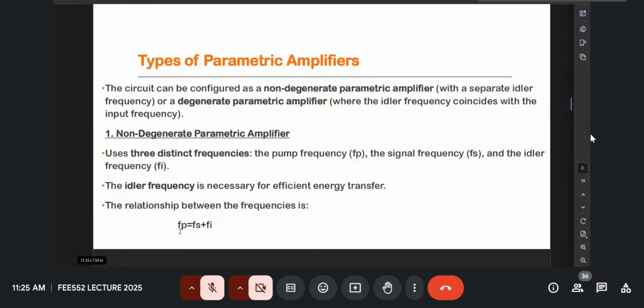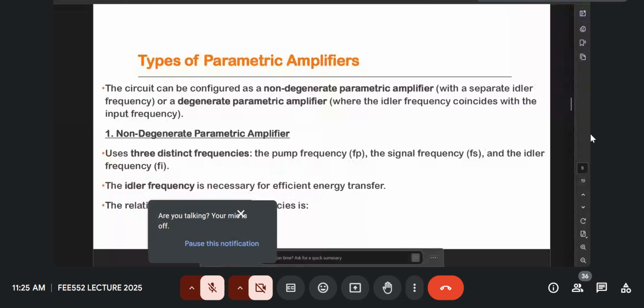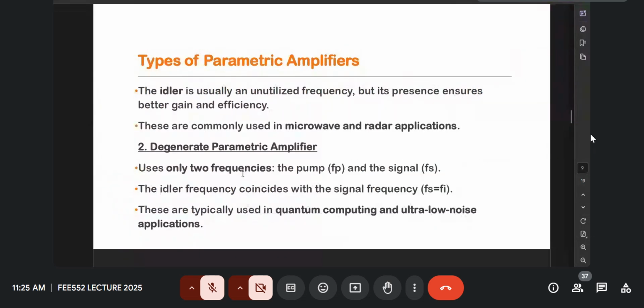So Fs will come out amplified, but there will be another frequency that arises to satisfy the condition, called the idle frequency. In that case, we have the non-degenerate parametric amplifier. The idler is usually an unutilized frequency, but its presence ensures better gain and efficiency. These are commonly used in microwave and radar applications.